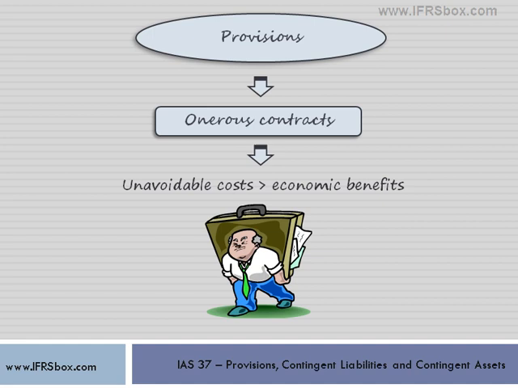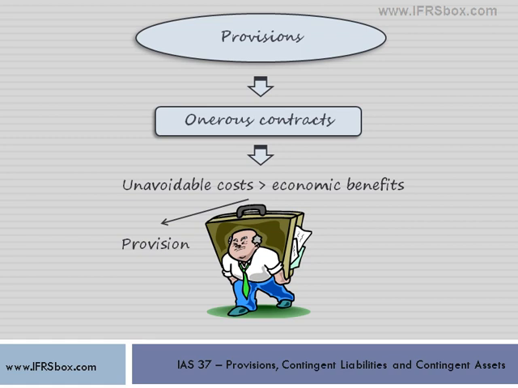On the other hand, many contracts can be cancelled without any compensation, so there is no obligation and the contract would not be onerous, as the cost of fulfilling the contract can be avoided. Therefore, if a company identifies a certain contract as onerous, a provision must be made in the amount of the unavoidable cost of fulfilling it.